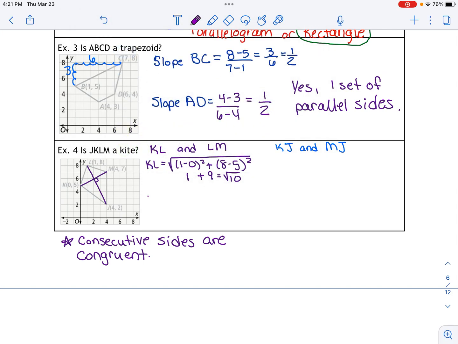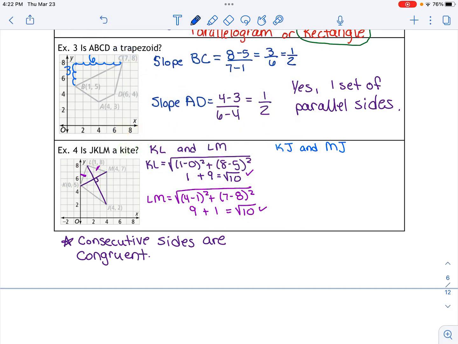We'll do LM. So 4 minus 1, those are your x's for L and M. And then your y's would be 7 minus 8. We have 3 squared is 9, plus negative 1 squared is still positive 1, so you get square root of 10. So right now, I know that these two lengths are the same. We proved it using the distance formula.